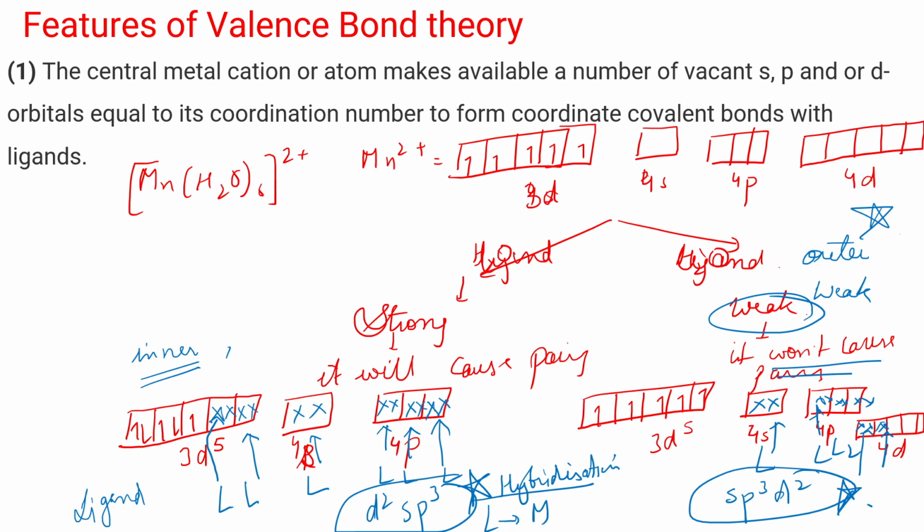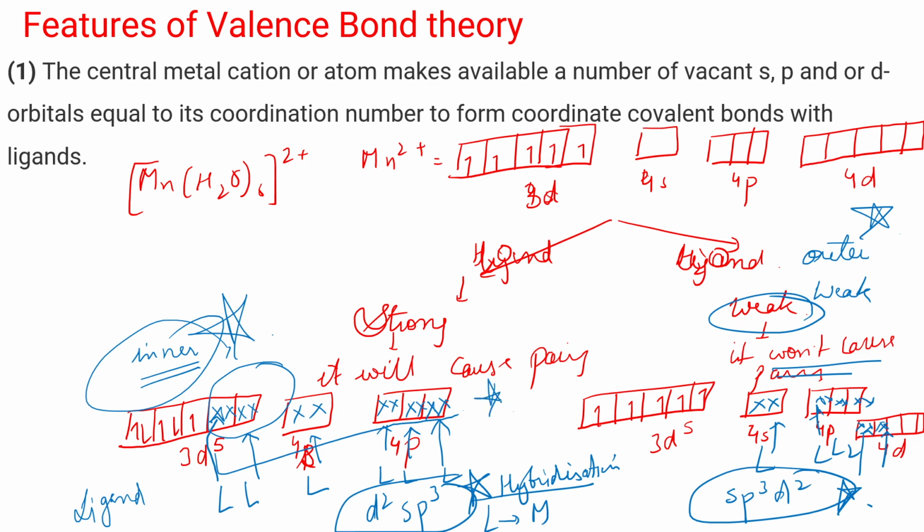So basically, valence bond theory gave some postulates where they said that the ligands donate their electrons to the vacant orbitals of the metal, and that's how they form coordinate covalent bonds. So if the ligand is weak, then it won't cause pairing, and the outer orbitals will be filled, and if the ligands are strong, the inner d orbitals will be filled, which will form this electronic configuration.